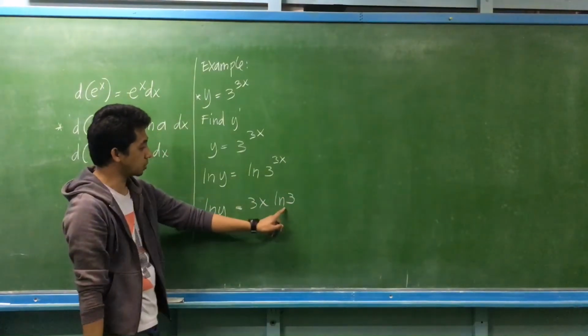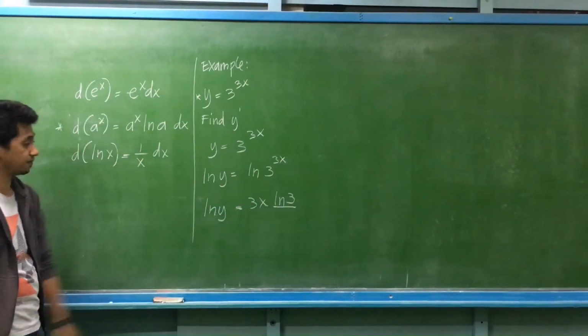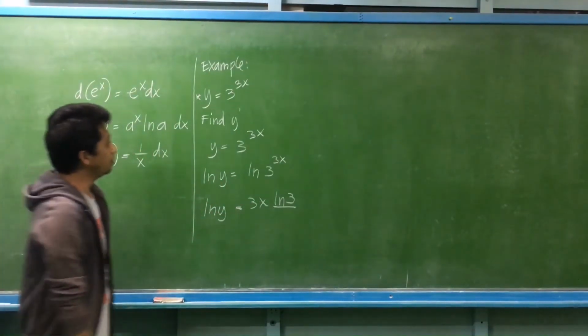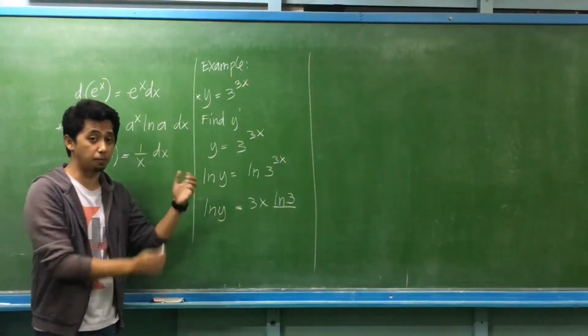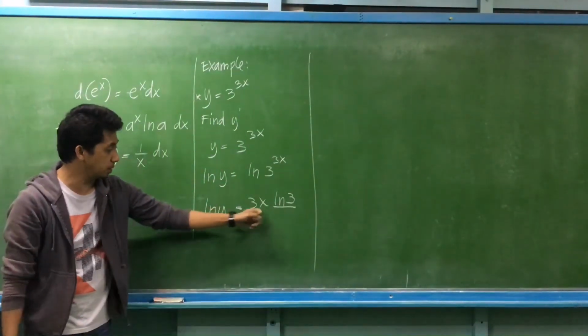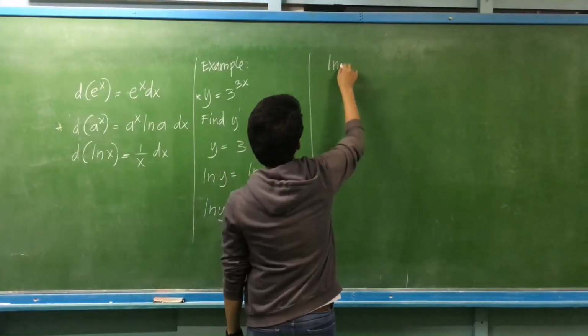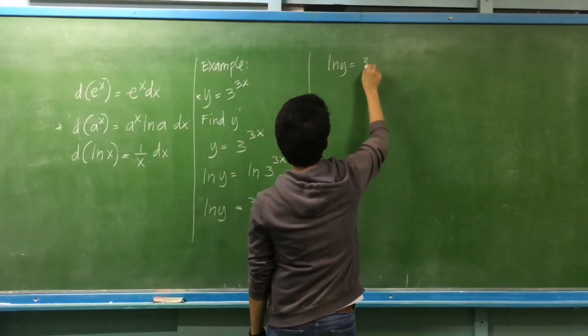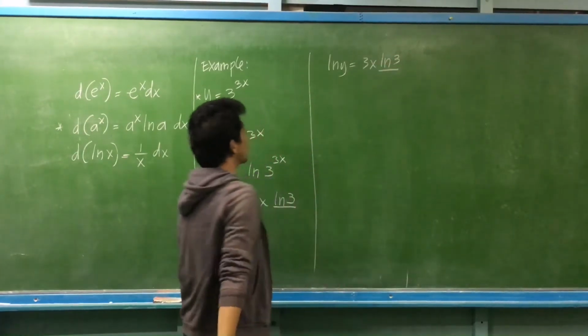So ln of 3 is already a constant, since it has no variable. Then we may now perform differentiation, which is implicit, on both sides of the equation. We have ln of y equal to 3x ln of 3. Take note that ln of 3 is constant.